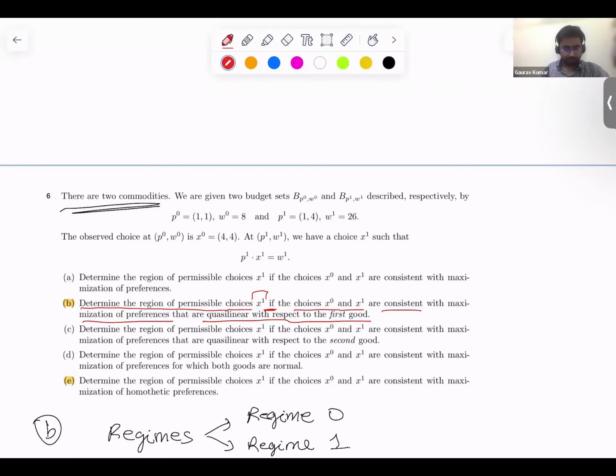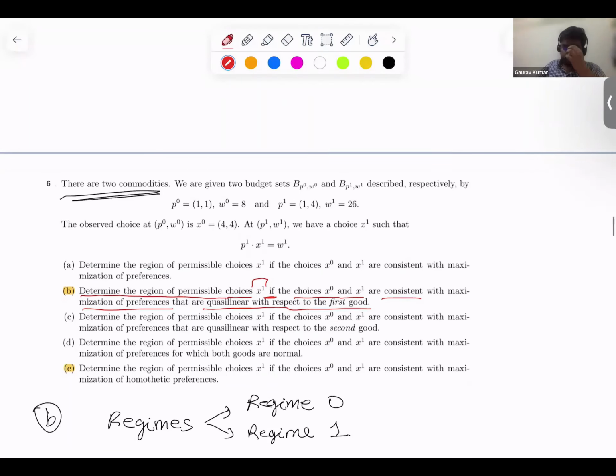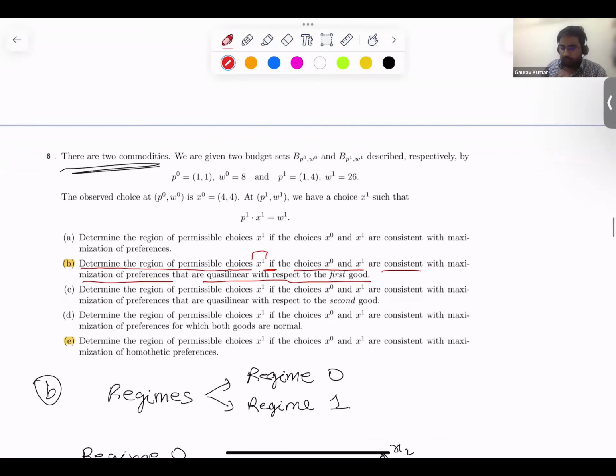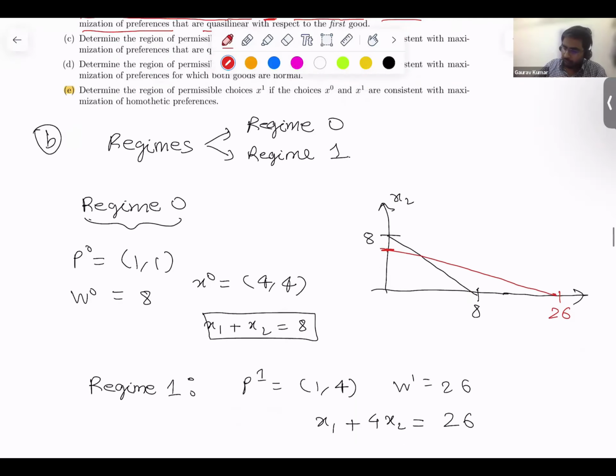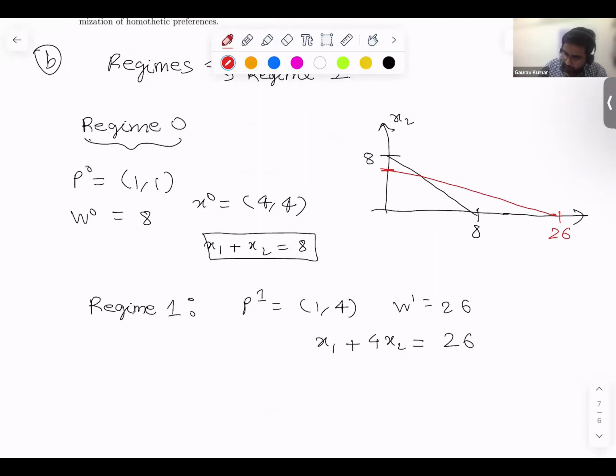In this commodity space graph, you have to determine the permissible range for x1 such that the choices in regime 0 and regime 1 are consistent with quasi-linear utility preferences in the first good. Suppose my preferences are quasi-linear in the first good.